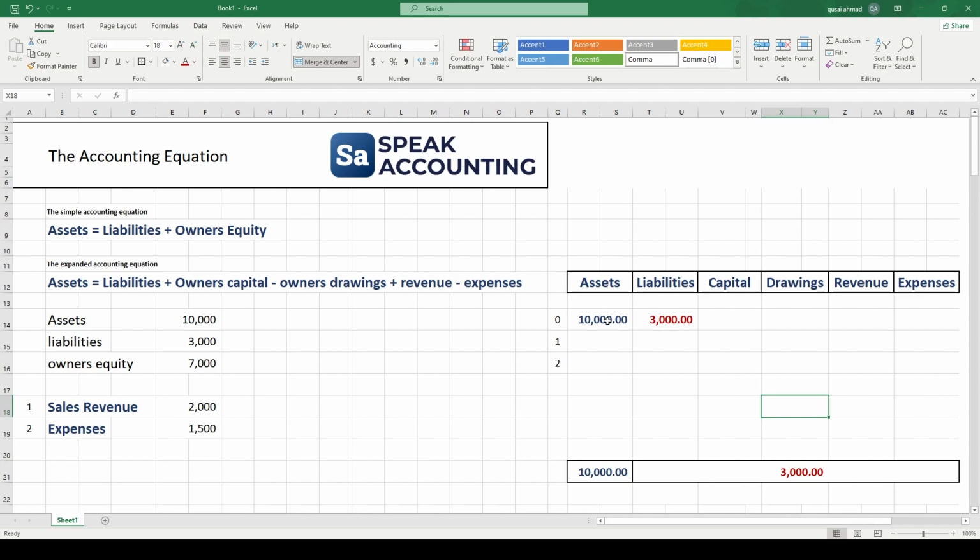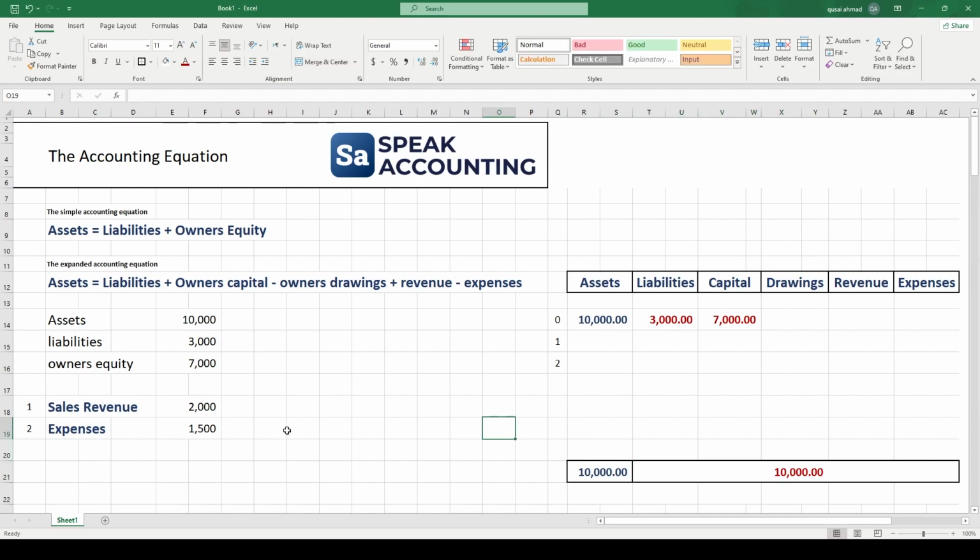So here we have our 10,000 assets, 3,000 liabilities, and here we have our 7,000 owner's equity, or in this case capital. As you can see, this is the asset part and this is the liabilities and owner's equity part, and it's balanced.